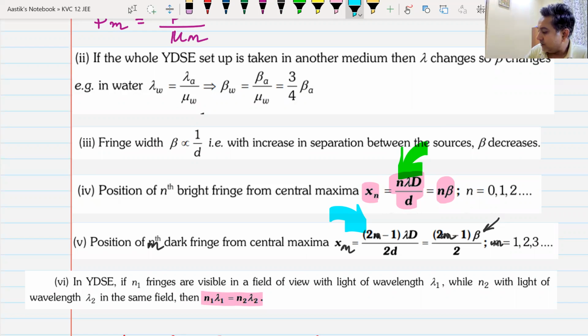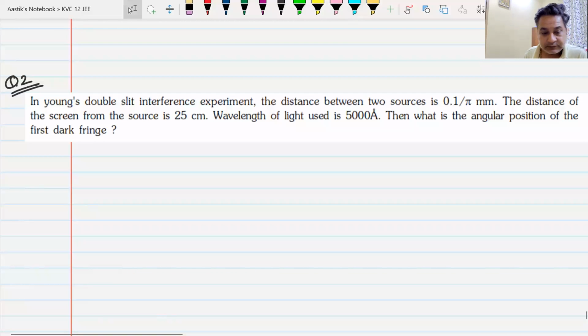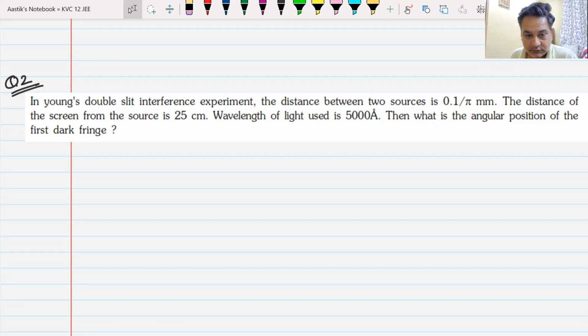You have to find the angular position of the first dark fringe. Yes, beta, get the answer.